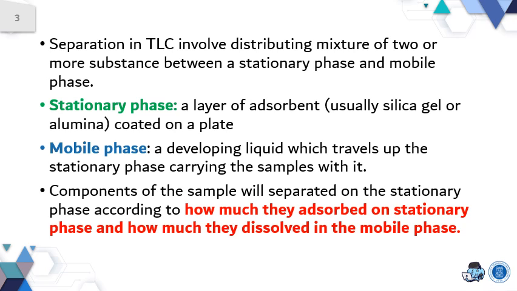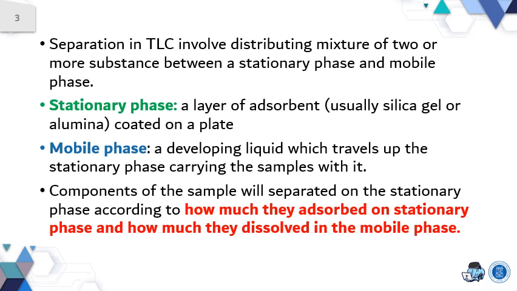So separation in TLC involves the distribution of substances between the stationary phase and the mobile phase. The stationary phase is a layer of adsorbent. Usually we use silica gel or alumina, the aluminum oxide, coated on a plate.